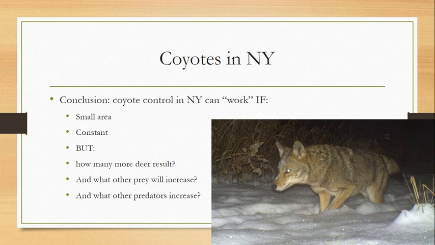If I leave more room in the landscape for other predators, maybe my red fox population goes up, maybe my gray fox, maybe my fisher population goes up, maybe mink, maybe short-tailed weasel. I don't know. But it's not as simple as: I shoot coyotes, deer go up.